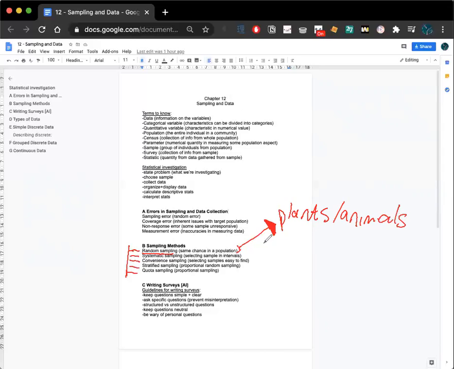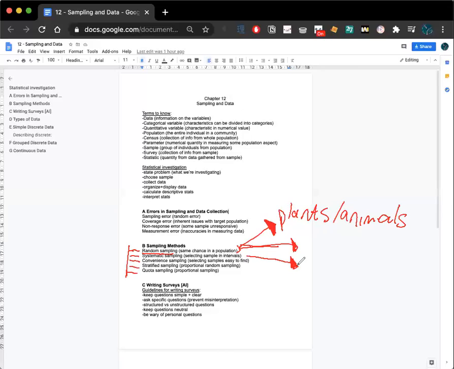Or maybe if you're trying to experiment on sampling products, then you can use random sampling. And then there's also systematic sampling. So systematic sampling is selecting samples in intervals.